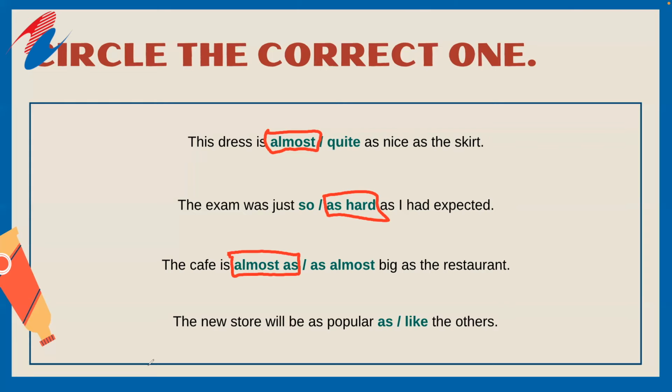Okay, now let's look at number 4. The new store will be as popular as the others, or the new store will be as popular like the others. Okay, 둘 다 똑같은데, 근데 it's a little bit different when we're using as and as comparison.